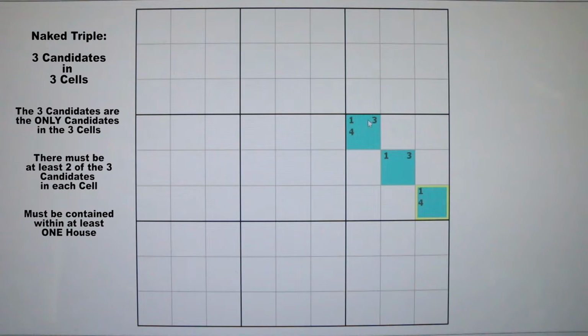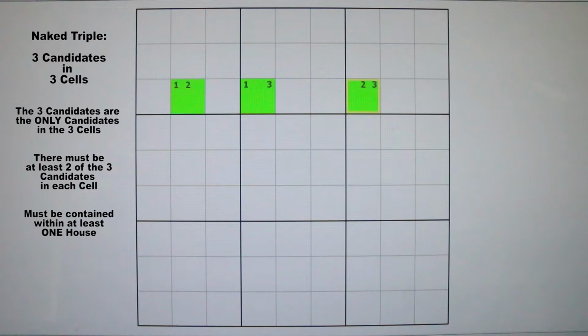If we solve the first cell for 3, we get a naked single and then another naked single. And if we solve the first cell for 4, we get a naked single down here and a naked single up there. So those 3 cells have to be 1, 3, and 4 in some combination.